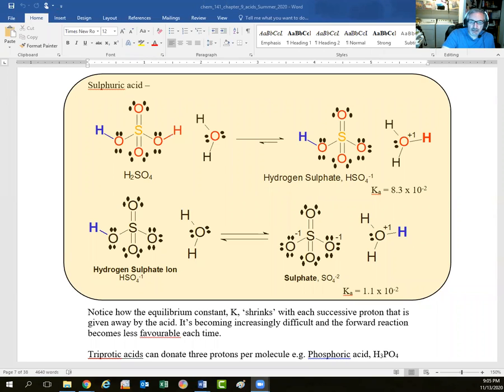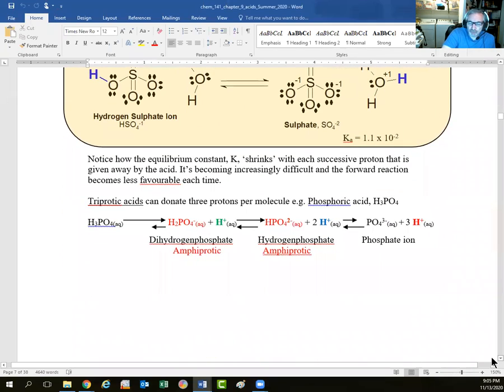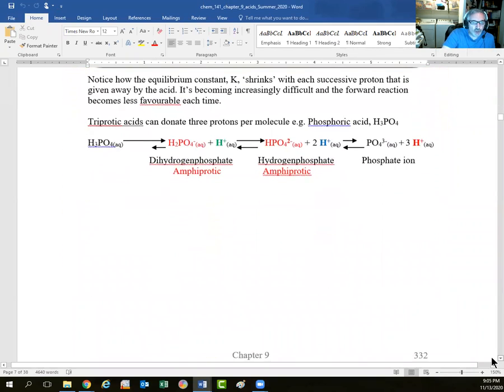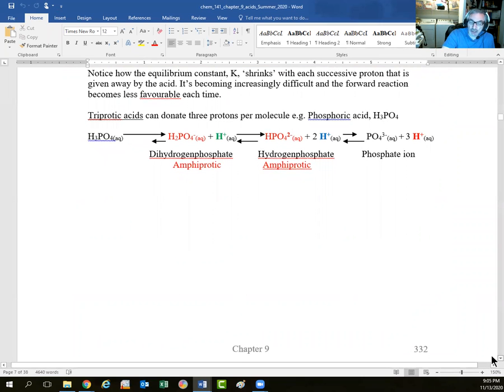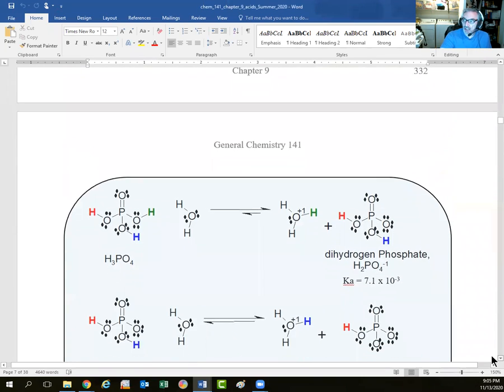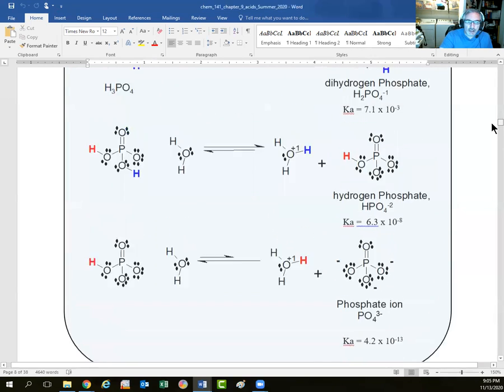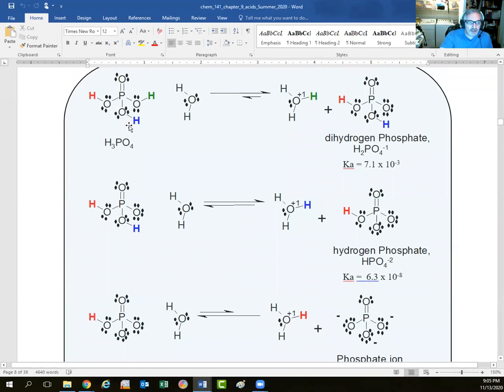If we look at, let's see, triprotic acids for a second, the only one I want you to be roughly familiar with is phosphoric acid, H3PO4, which can give away 1, 2, 3 protons in total. But again, we think about that donation, 1 proton at a time, and we have our own individual steps.